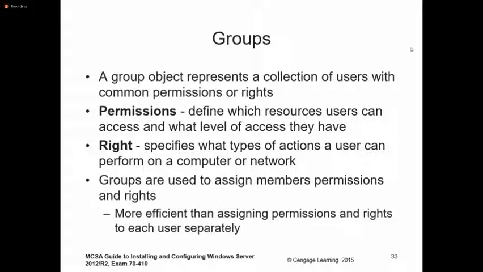So you can give certain rights, like creating users. Those kinds of rights can be assigned to a group, and then all of the users will actually get those rights, right?